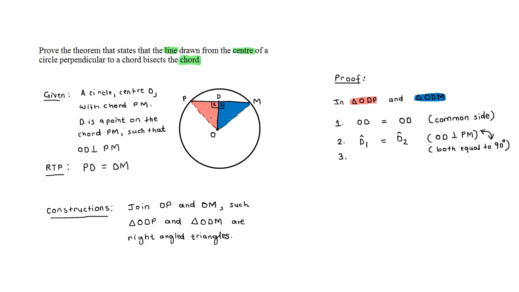Yes, they are, because the two hypotenuses are actually the radii of the circle, and we know that in any given circle, all the radii are equal to each other. Okay, so that's the last thing we can say, right? In the red triangle, the radius OP is equal to the radius OM in the blue triangle, right? The reason here is radii.